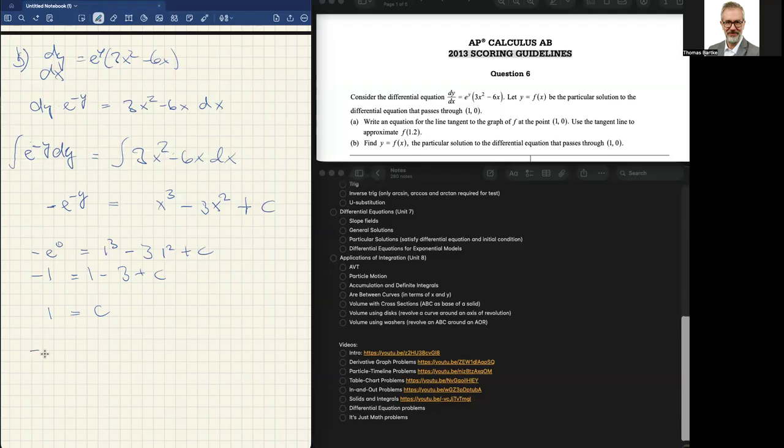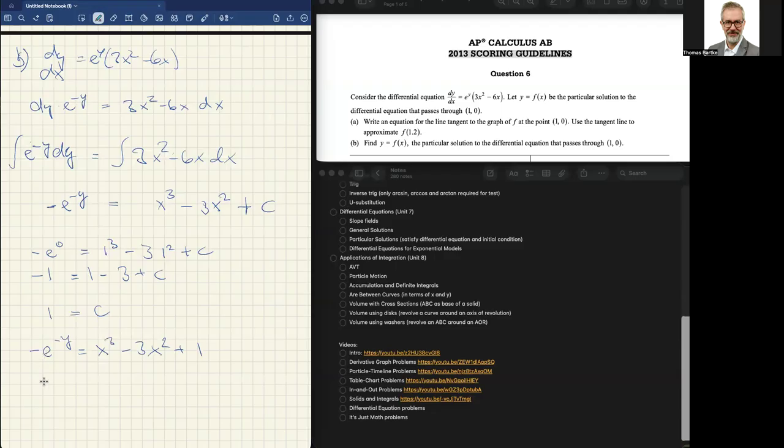So now I'm going to go back to -e to the -y is equal to x cubed minus 3x squared plus 1. And now I have to continue to isolate the y because I want to have a function there identifying y.